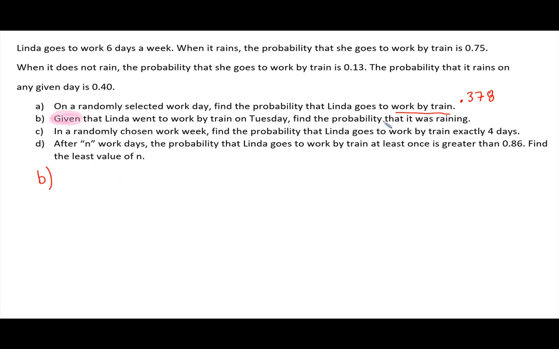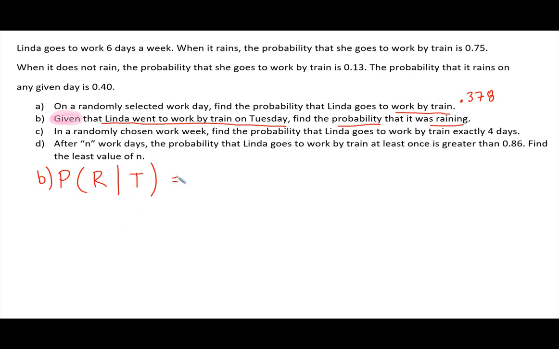Find the probability that it was raining. So we're trying to find the probability it was raining, given, and remember this vertical line represents given, that Linda went to work by train on Tuesday. Given train. Whatever they say right after the word given goes after this vertical line, meaning this is going to be your denominator when we're using the conditional probability formula.